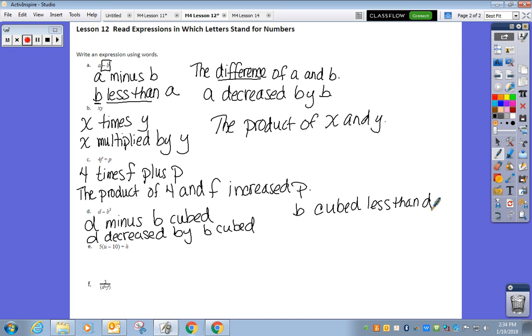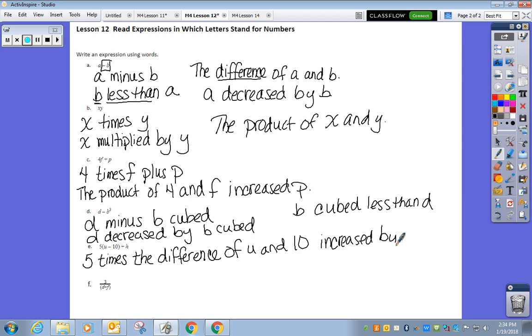So I want to make sure that I'm using words that will make sure I'm doing what's inside the parentheses first. So remember, a number right next to a parentheses means multiplication. So I can say 5 times the difference, which is an answer word for subtraction, the difference of u and 10 increased by h.